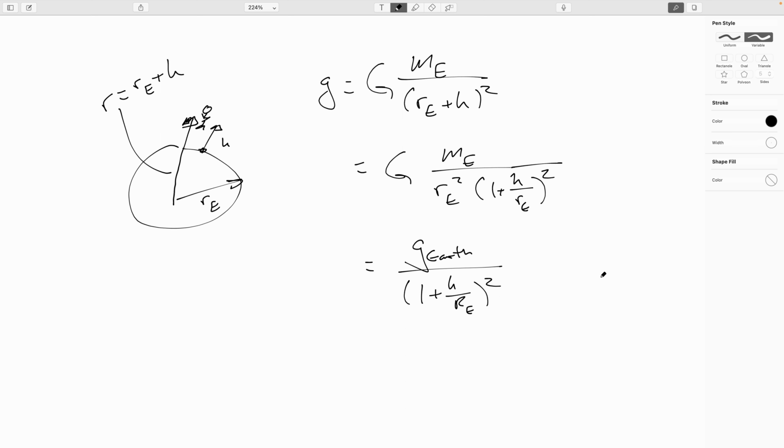You'll get 8.9 newtons per kilogram instead of 9.8, and so forth. And the farther away you get from the surface of the Earth, the weaker the gravitational field strength becomes. So in the next video, we'll take a look at the potential energy and think a bit about orbital dynamics. Catch you over there.